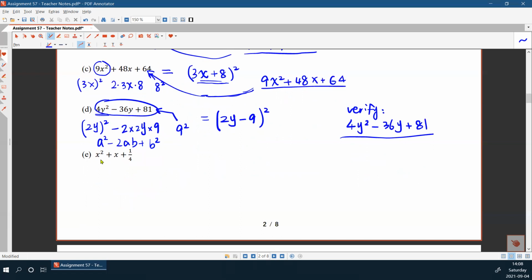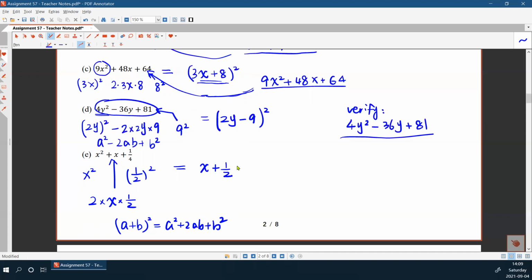All right, next one. We have x squared, and 1/4 is 1/2 squared, right? And note that x is 2 times x times 1/2, right? So again, we can use the formula a plus b to the power of 2 equals a squared plus 2ab plus b squared. So this one is just x plus 1/2 to the power of 2, right?